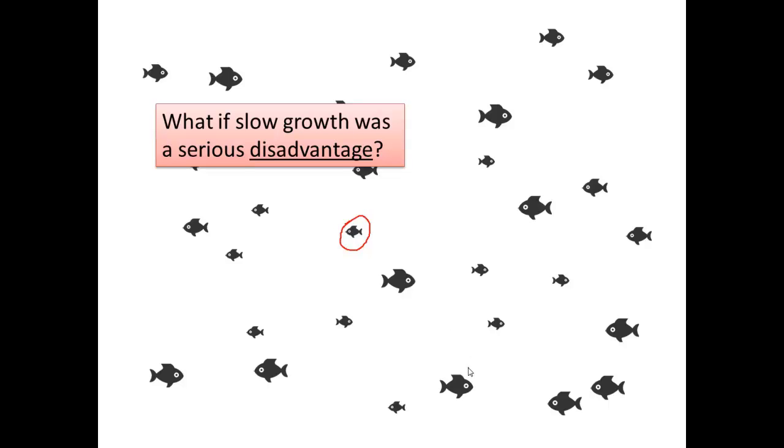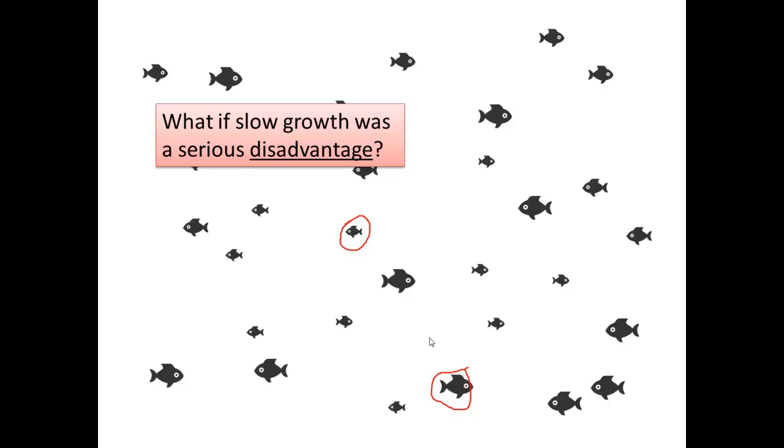And if you can grow fast, then you can get too big to eat and you're less vulnerable to the predators. And if you get big, then your mouth gets bigger, which means your gape gets bigger, which means you have more potential prey, for example. So getting big might be an advantage. If you're a female, you can hold more eggs, you can have more offspring. That might be an advantage.